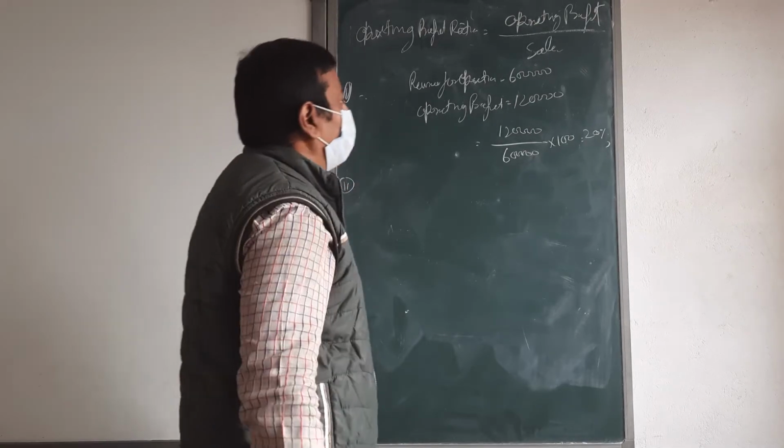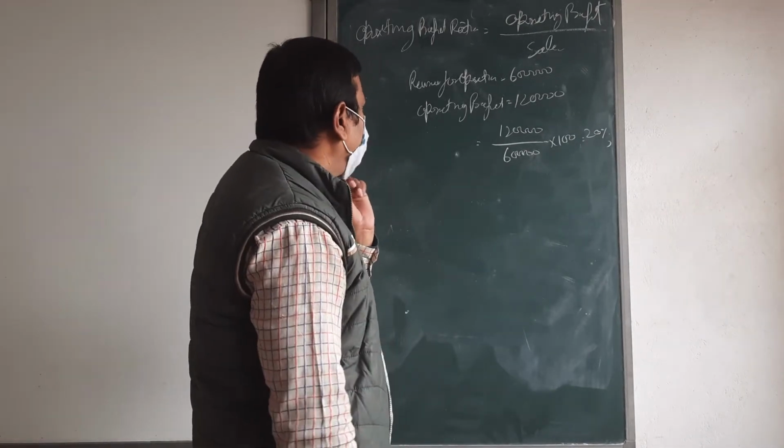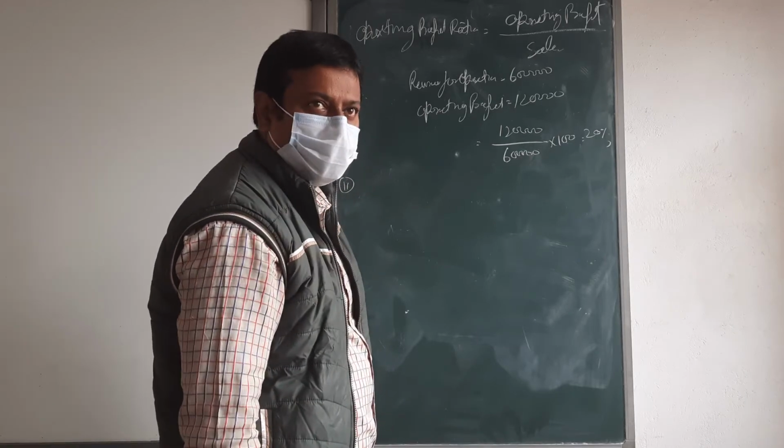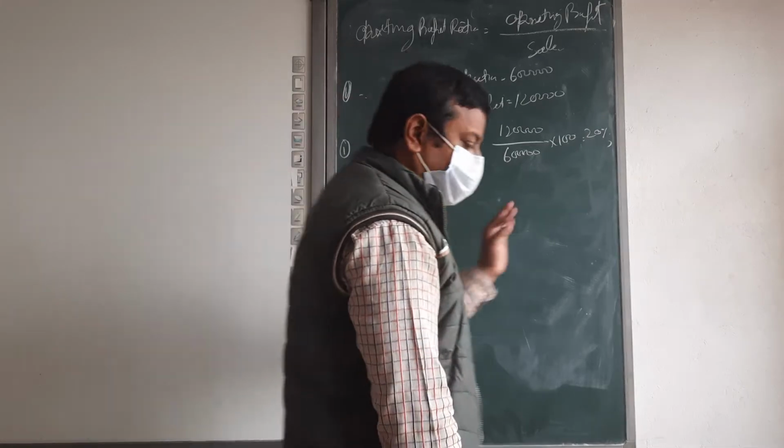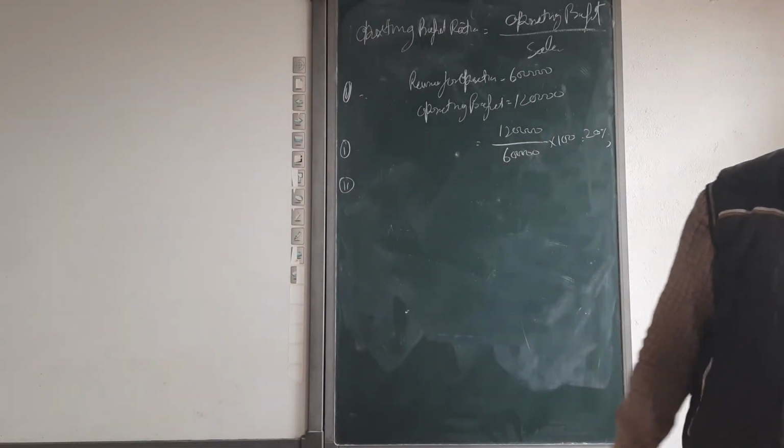Second case, beta. Revenue from operation 5 lakh, and cost of revenue from operation 4 lakh. Operating expenses 20,000. We have the operating expense and the cost of revenue from operation.